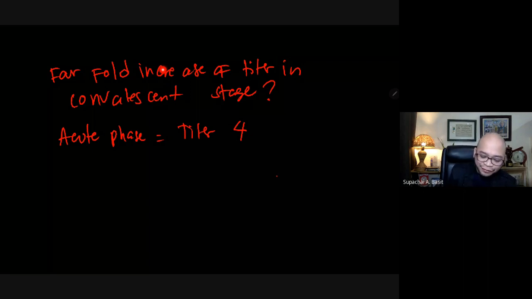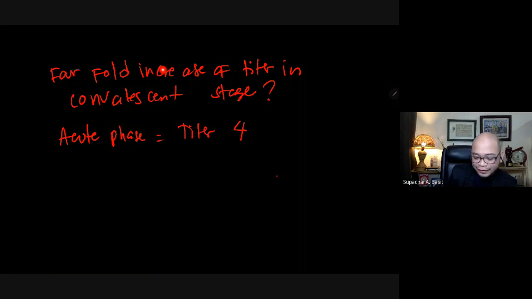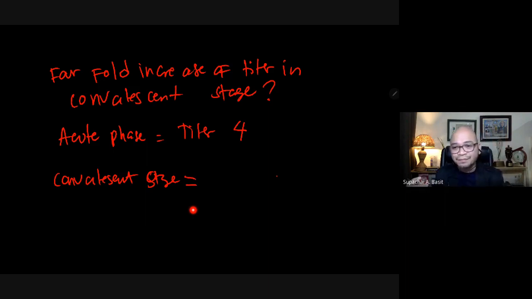Pag sinabi nating four-fold increase of titer in convalescent stage, ibig sabihin kasi ng convalescent, the patient has already produced antibodies. So if the patient has already produced antibodies, four-fold increase would be 4 times 4, which is 16.